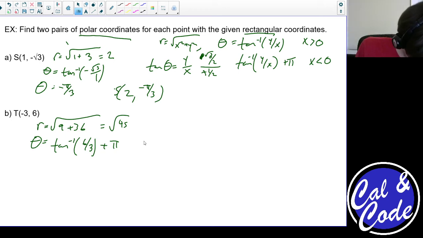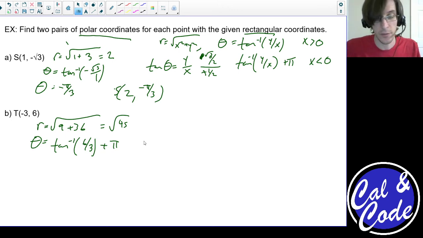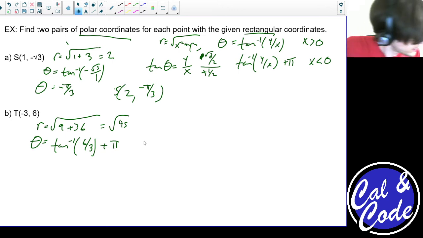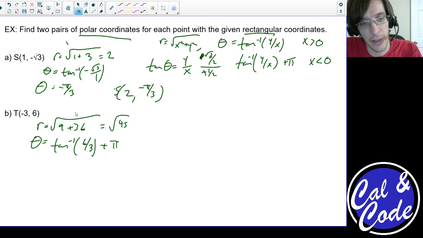And I'm going to get, not one that I know. It is 63.43 degrees or 1.107 radians.